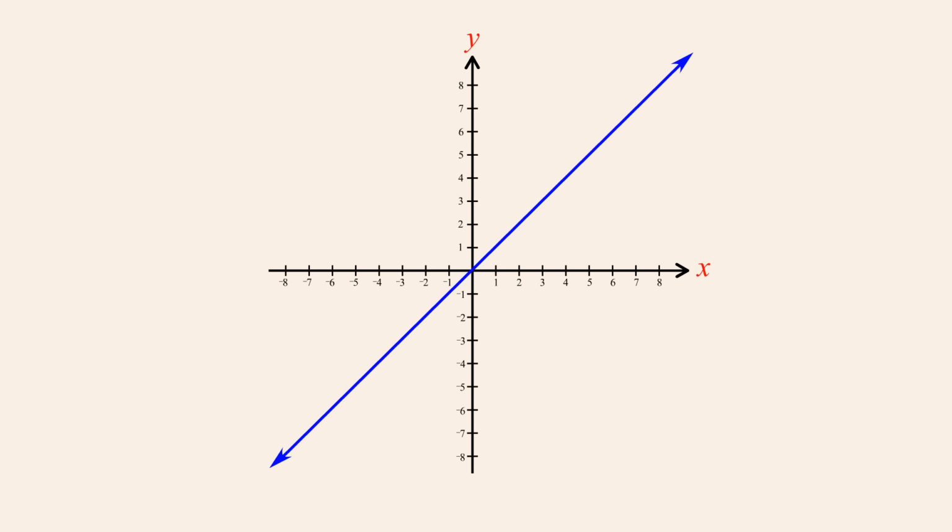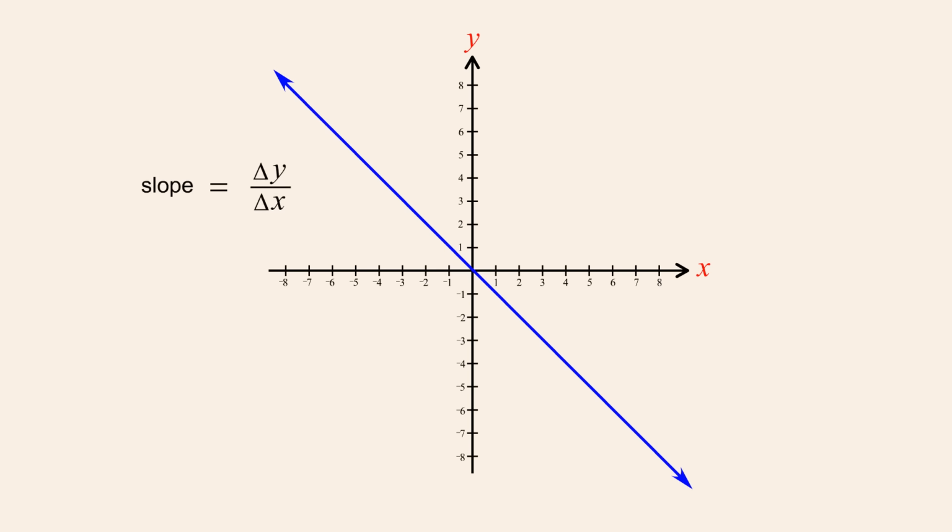As a second example, let's calculate the slope for a line which runs through the pair of points 3, -3 and 7, -7. Once again, delta y is the y-coordinate of the right point minus the y-coordinate of the left point. This time, delta y is -7 minus -3, or -4.